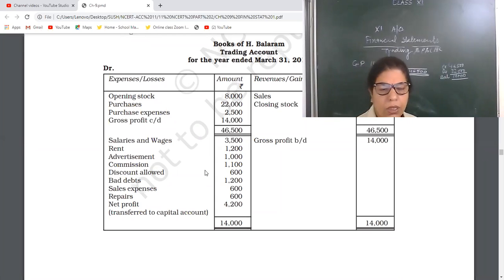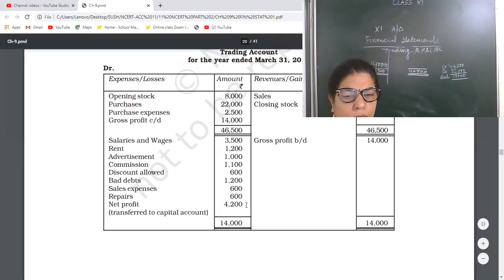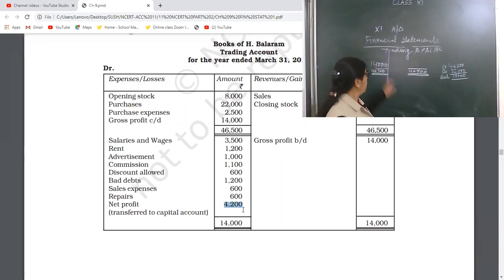P&L account. Now we will come to know the answer. How to come to know 4200? First enter. Now this gross profit will be transferred to this side. All expenses we have to note down. Then total of this side is 14,000.